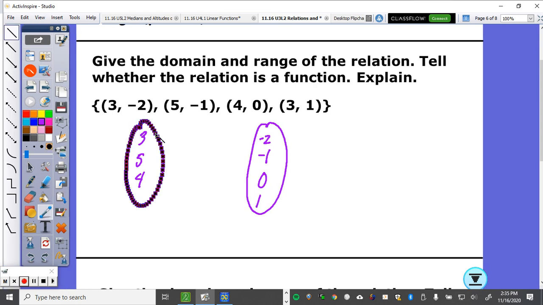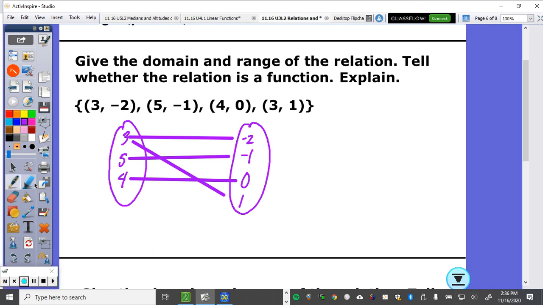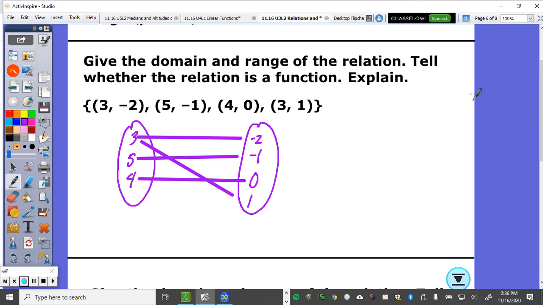So we have a 3 that's mapped to a -2. We have a 5 that is mapped to a -1. We have a 4 that is mapped to a 0. And we have a 3 that is mapped to a 1. Is this a function or not? Not a function. Good job.